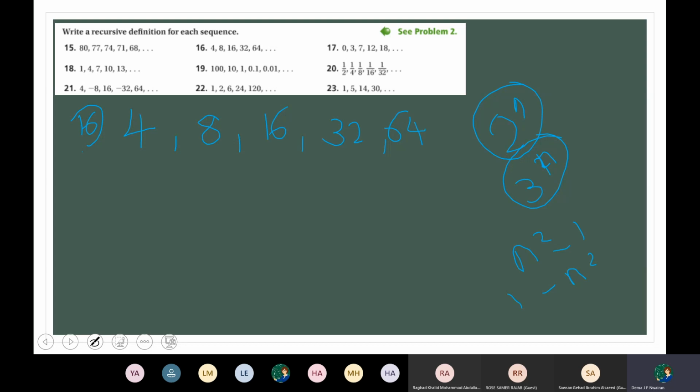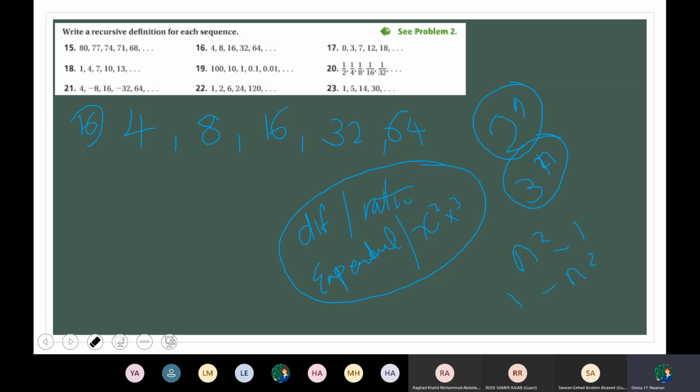When I was in grade 11, I took this material, and every time I tried the difference, the ratio, the exponential, and the polynomial, like x squared or x cubed, I found it. These are the main things that may help me find the recursive formula.